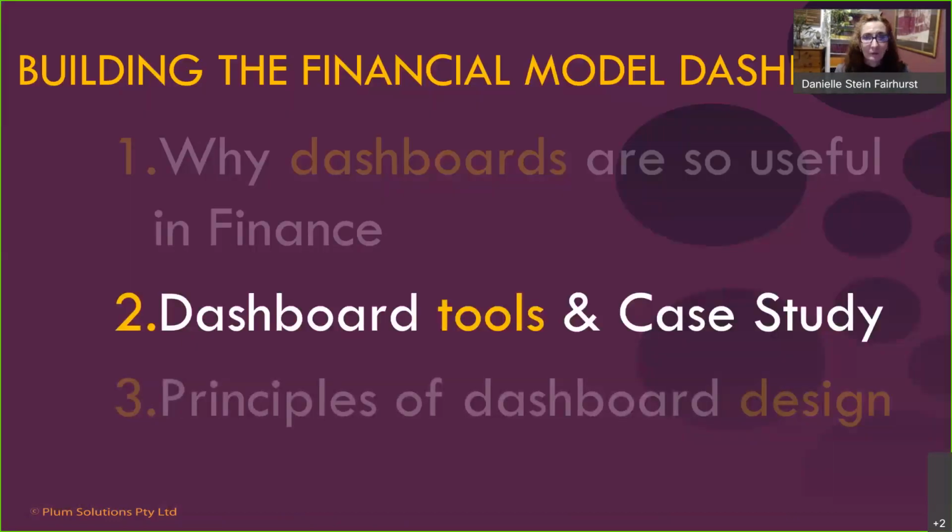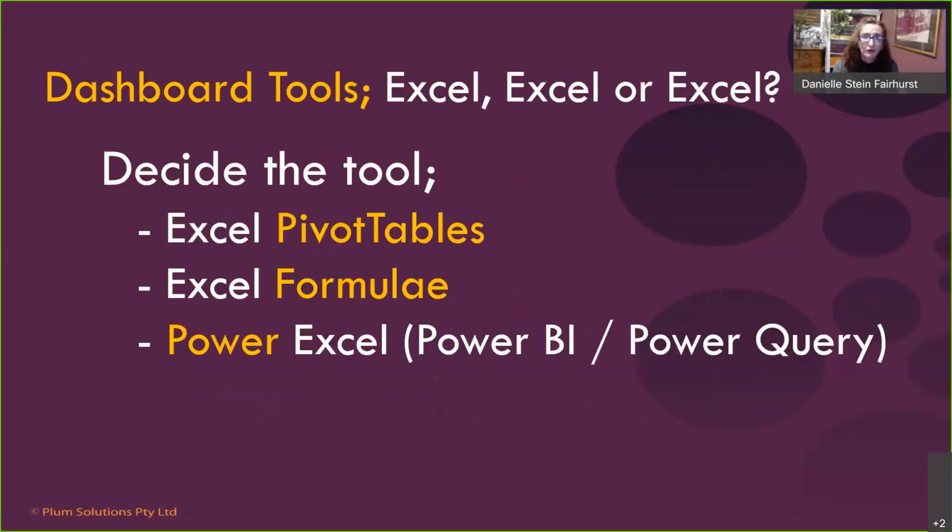So, when you're looking at the tool, so that was a case study, the options are Excel, to my mind anyway, Excel, or Excel. Those are the options when it comes to building a dashboard. So you need to think about your tools that you're going to use. Pivot tables are great for dashboards, but we often don't use pivot tables in financial models simply because they're not dynamic.